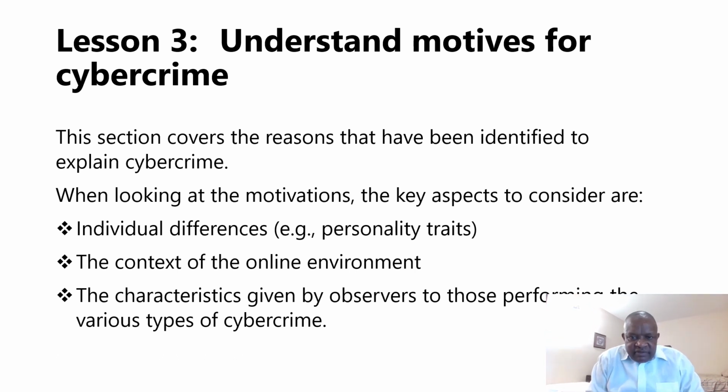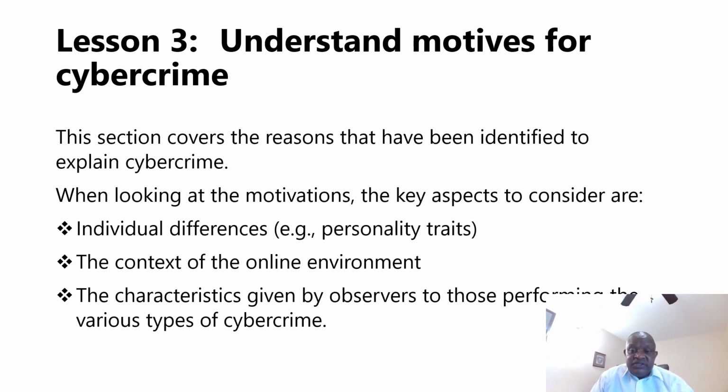So this section covers the reasons that have been identified to explain cybercrime. When looking at the motivations, I wish you can write this down, the key aspects to consider are: Number 1, individual differences, e.g. personality traits.